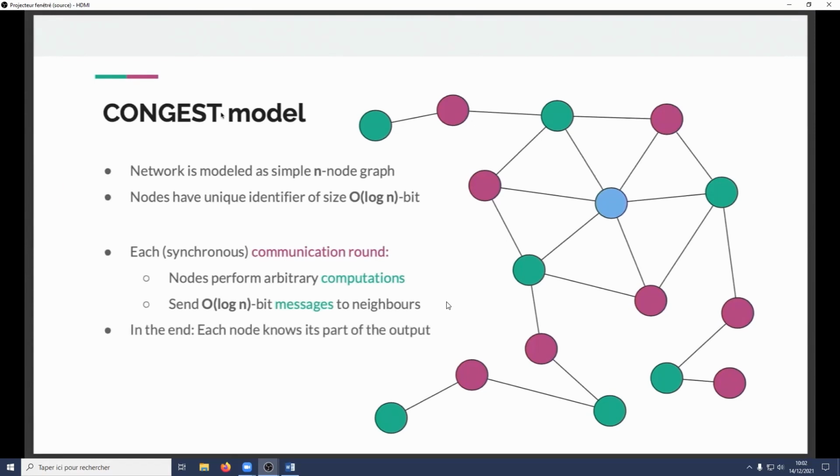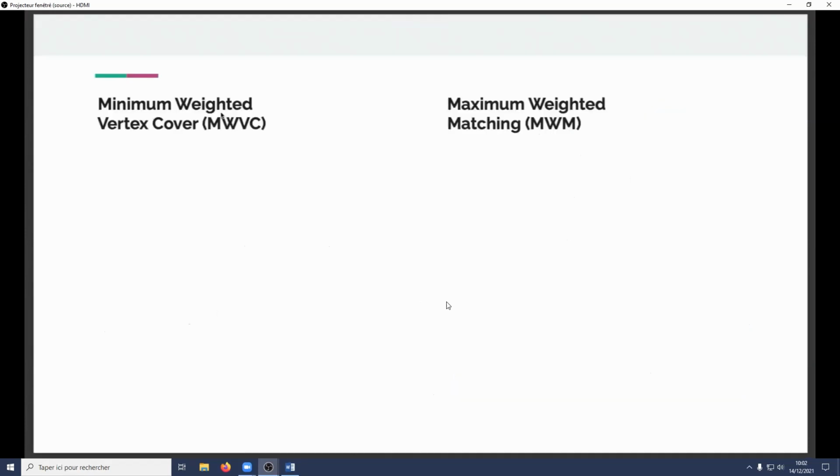In the end, each node should know its part of the output. So for example, if the task is to have some node coloring on the graph, in the end, each node should know its color.